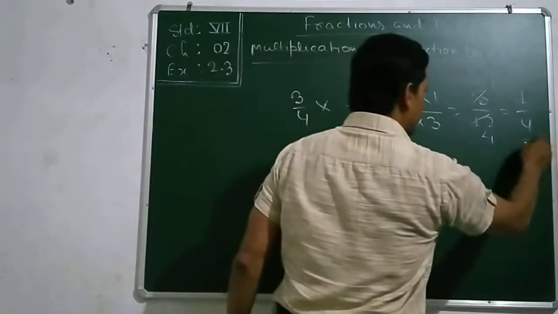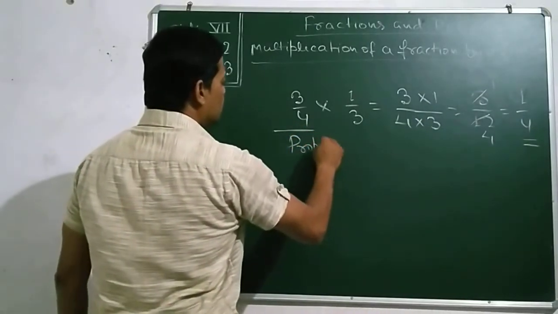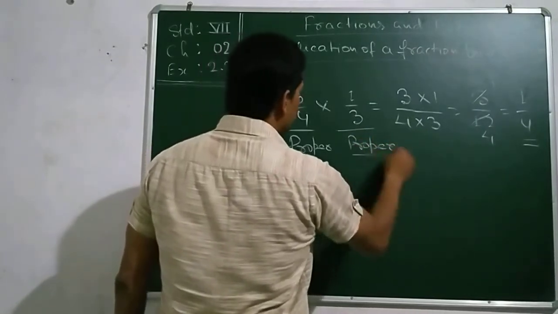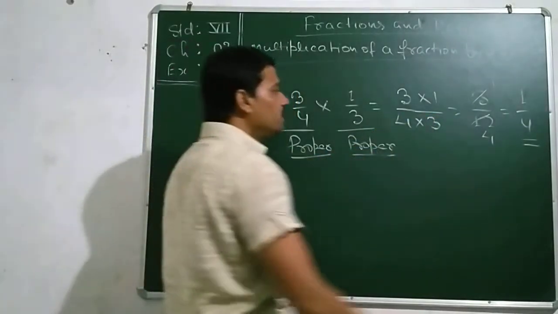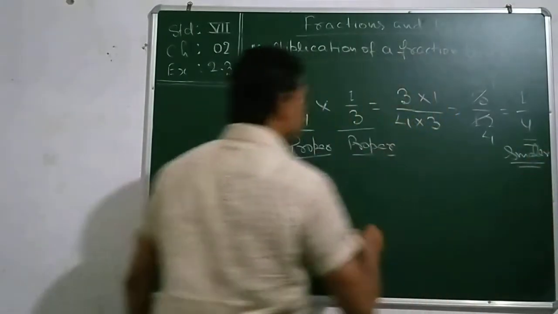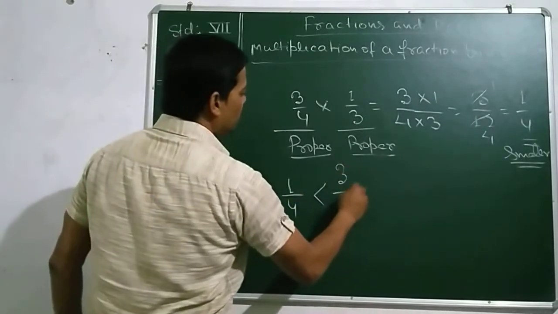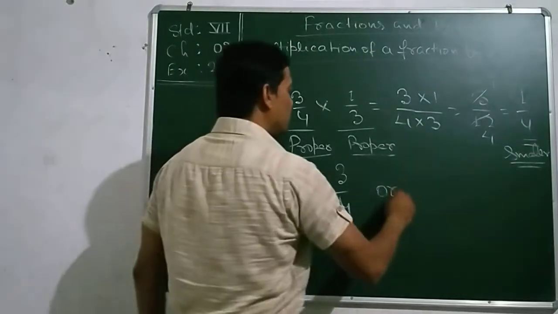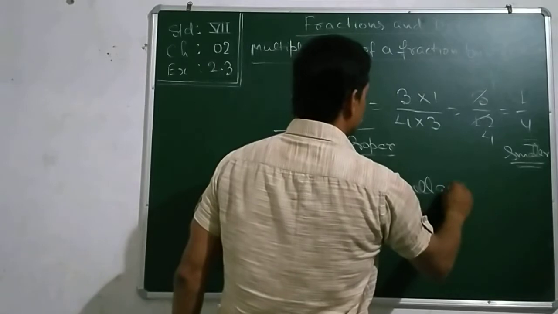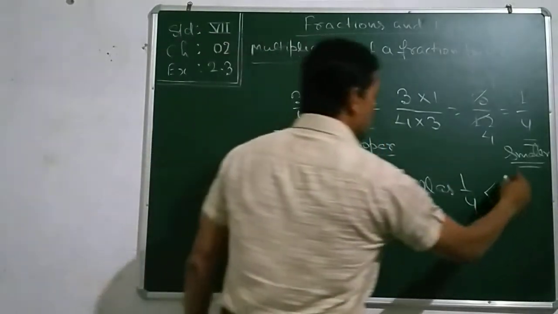The resultant number is also a proper fraction, and the product is smaller. That means 1 by 4 is smaller than 3 by 4, as well as 1 by 4 is smaller than 1 by 3.